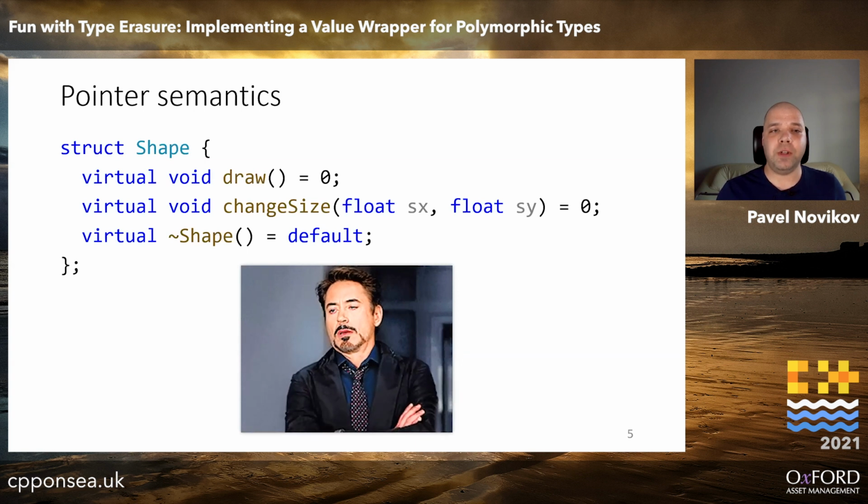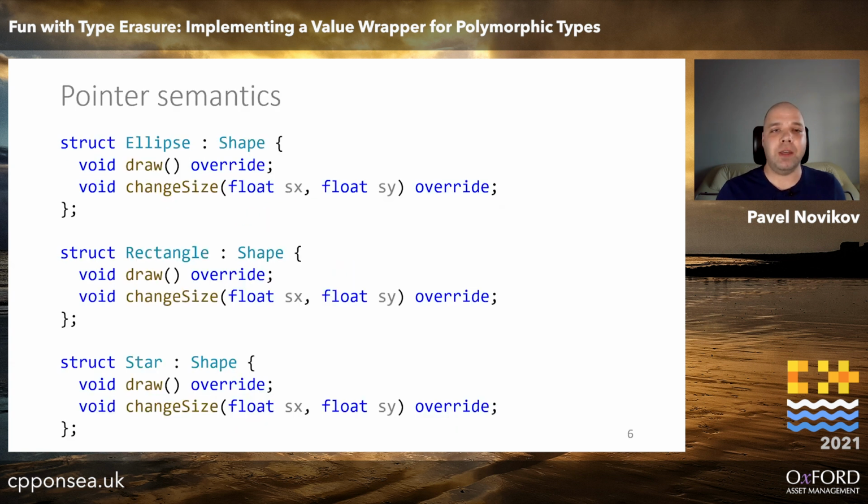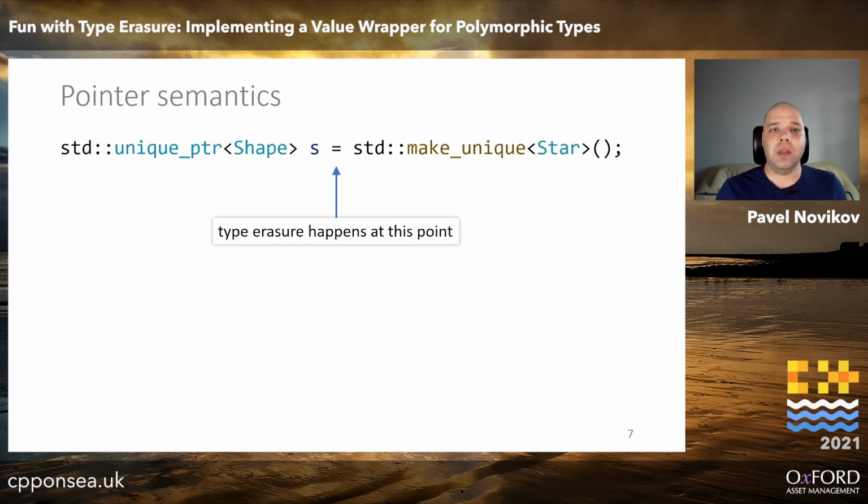So we have a polymorphic base class. I know that, yeah, it's beaten to death, but please bear with me. And in this example we have 3 types that are derived from that polymorphic base. In general, we can have any number of types derived from our polymorphic shape base, and we cannot know beforehand how many and which types are derived from it.